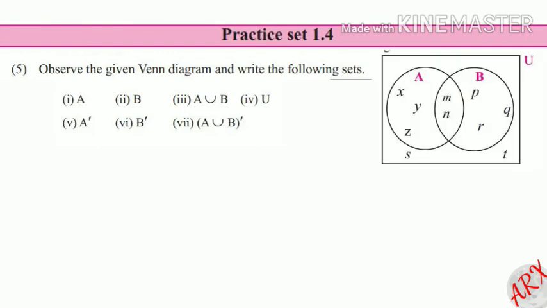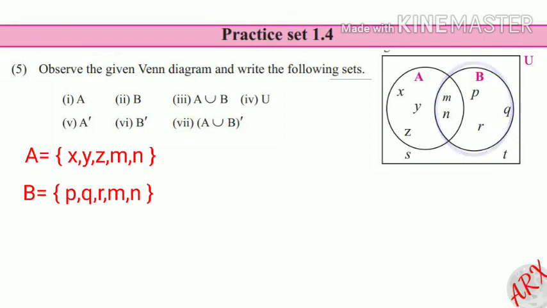Question number 5. Observe the given Venn diagram and write the following sets. First, A. From the Venn diagram we can write set A = {X, Y, Z, M, N}. Second, B. Set B will be {P, Q, R, M, N}.